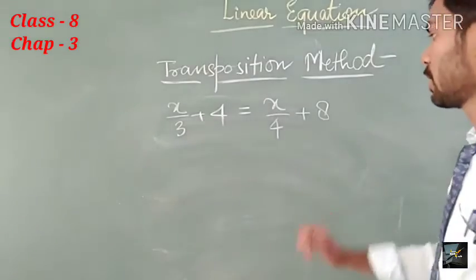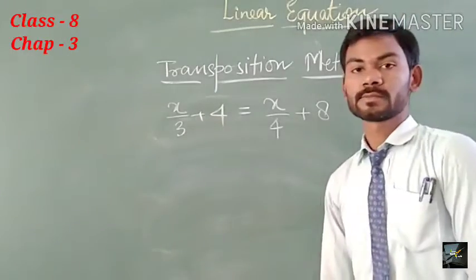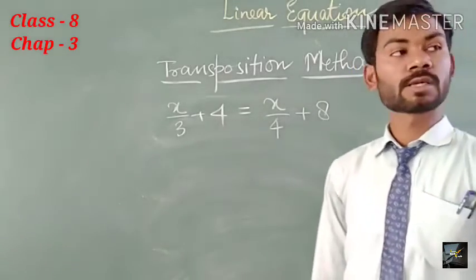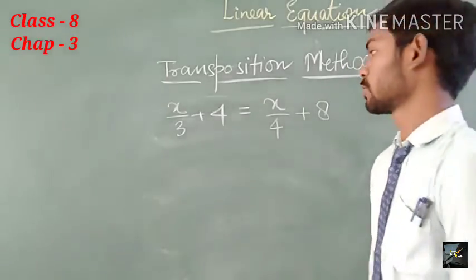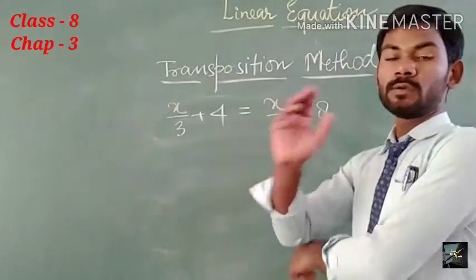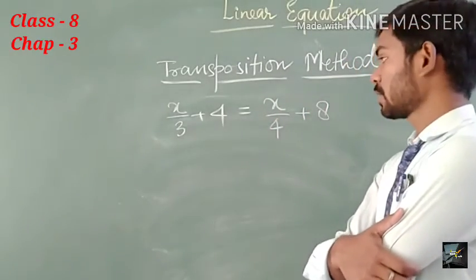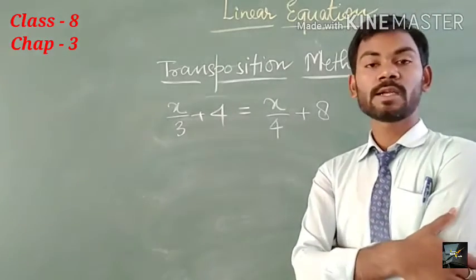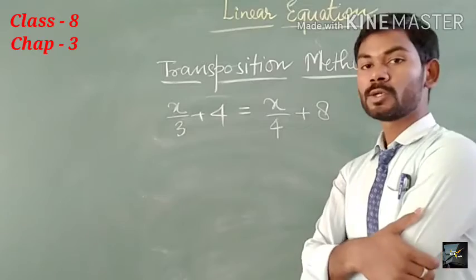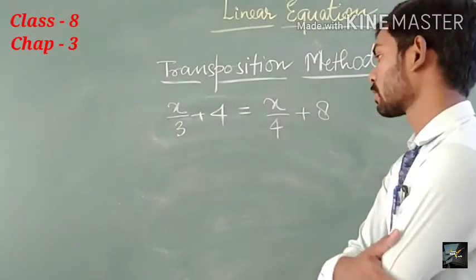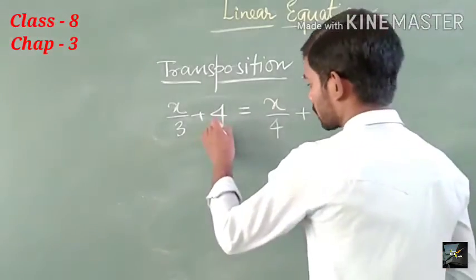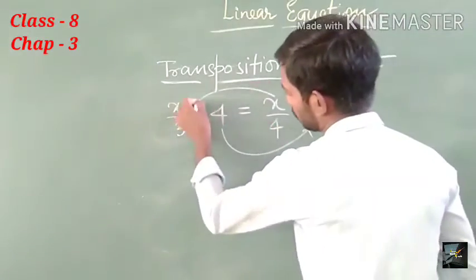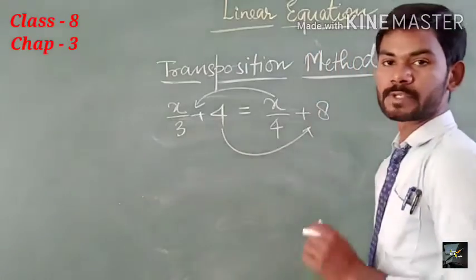This is the given linear equation and we have to find its solution using the transposition method. So first of all, we shall transpose the variable quantity to the left side and the constant quantity to the right side. Therefore, here we transfer 4 to the right side and x upon 4 to the left side.